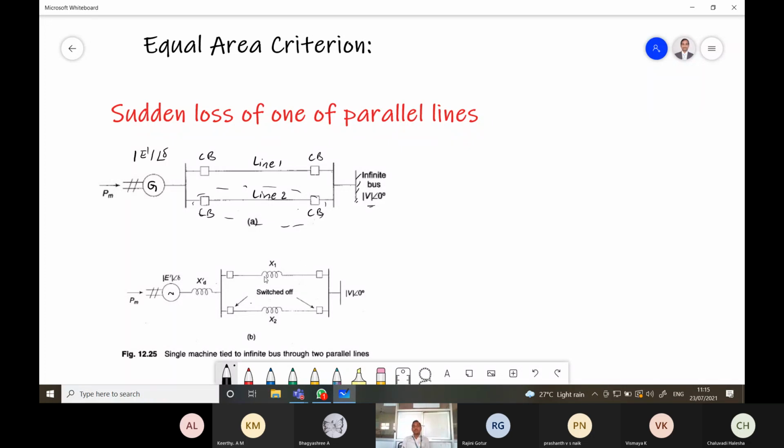Now only X1 is connected to the bus bar. So we have only one line to transfer the power from the generating end to the infinite bus bar. This is called a single machine tied to an infinite bus through two parallel lines.